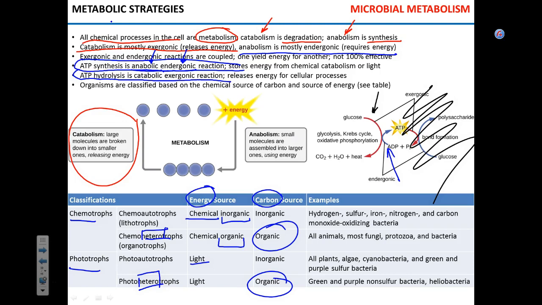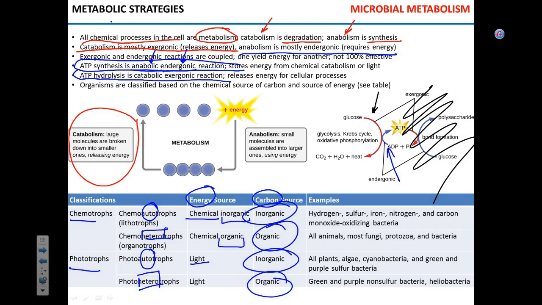The second option is to use an inorganic source of carbon. Organisms that can use inorganic sources are called autotrophs. Auto means what? Self. Self, by itself, right?